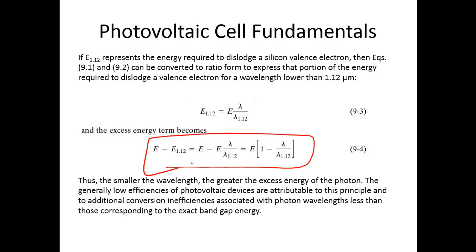Thus, the smaller the wavelength, the greater the excess energy of the photon. The generally low efficiencies of photovoltaic devices are attributable to this principle and to additional conversion inefficiencies associated with photon wavelengths less than those corresponding to the exact band gap energy.